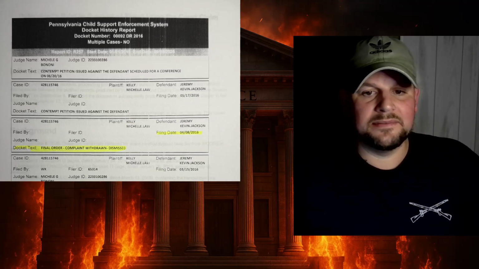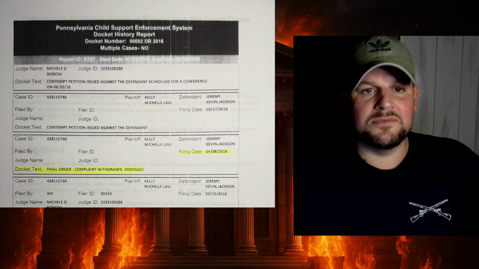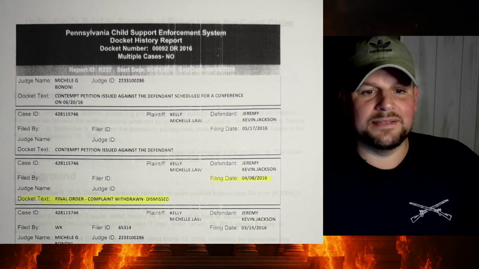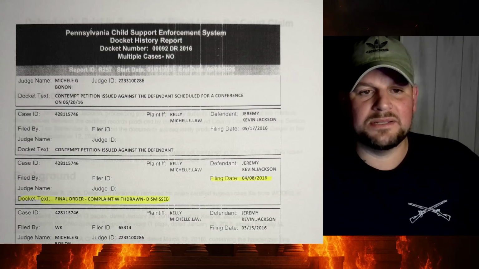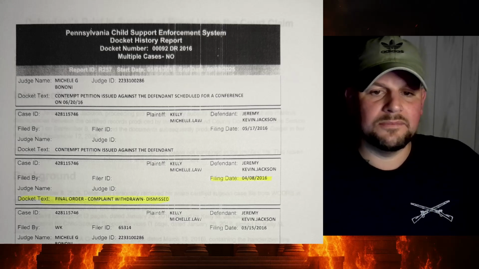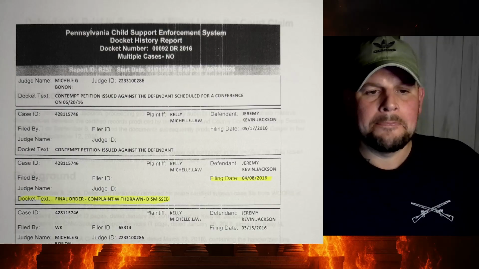Now we're going to get into some actual evidence, good stuff here. This document that I'm showing you guys is actually part of my Pennsylvania PACSES docket history report. You see the third one down, it's highlighted here. These are all entries, and there's pages and pages and pages of these, from 2016 up until today, whenever I pulled these papers.